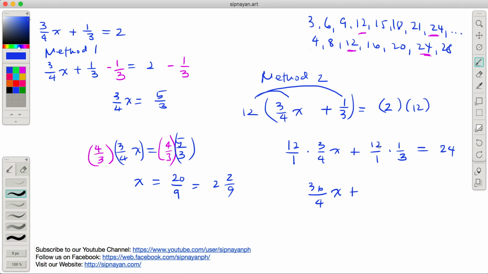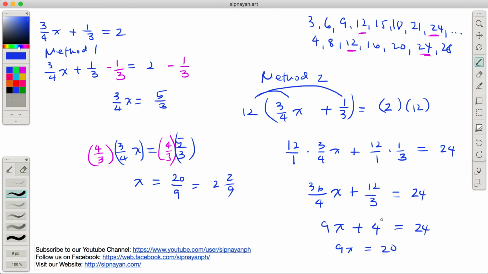Plus 12 times 1 is 12 over 3. And then equals 24. Pwede na ako mag-cancel dyan, pero gusto ko makita nyo. So 36 divided by 4 is 9. And we have an x here. And then plus 4. 12 divided by 3 is 4. Equals 24.